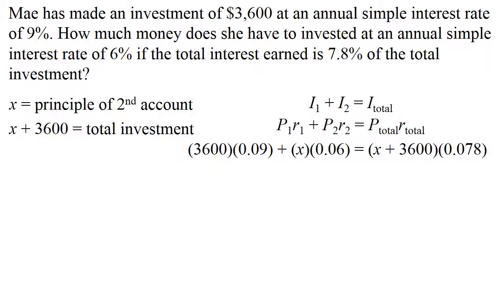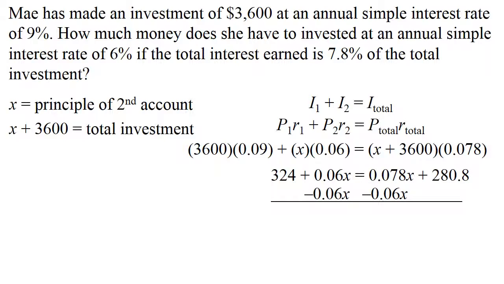And now we're just going to start multiplying and distributing things together. And so again, take that 0.078, distribute it to the x and the 3,600, multiply everybody else, and we get an equation that looks like this. 324 plus 0.06x equals 0.078x plus 280.8. And now we've got x's on both sides of our equation, so let's get rid of one of those.